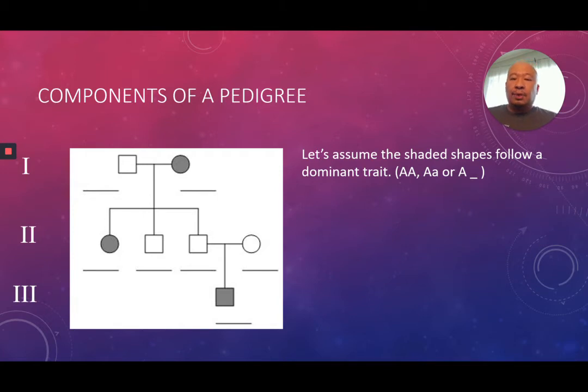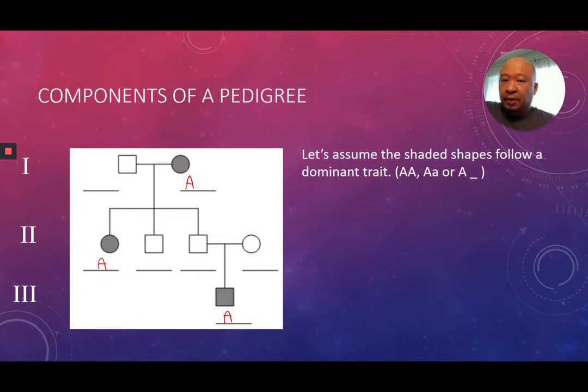So if it were a dominant trait, that means every shaded individual has at least one dominant gene. Here it says you can have either homozygous dominant, heterozygous dominant, or sometimes if we're uncertain, we leave a blank for the second one.